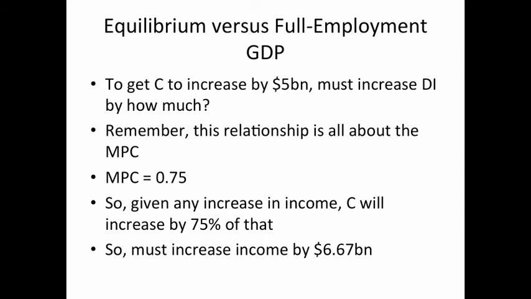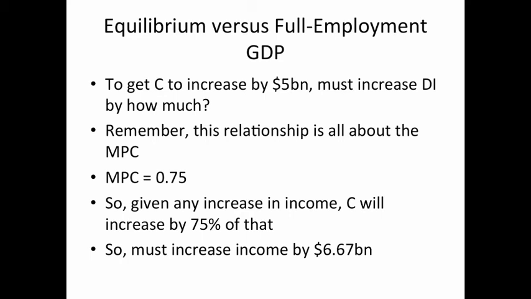To get consumer spending to go up by $5 billion, we have to increase disposable income. But by how much? How much do we need to increase people's income by to make them go and spend an extra $5 billion? That relationship is all about the MPC. Again, we'll use an MPC of 0.75. So given any change in income, consumer spending would change by 75% of that.